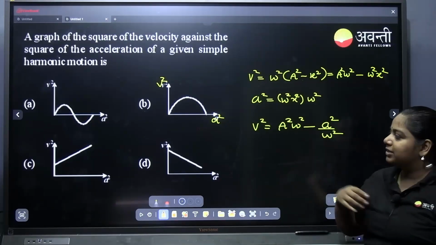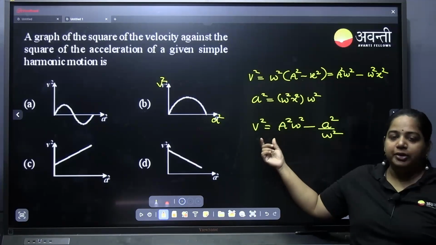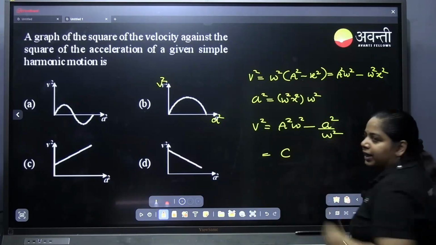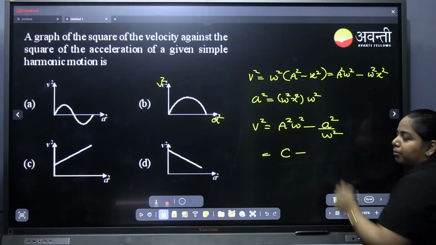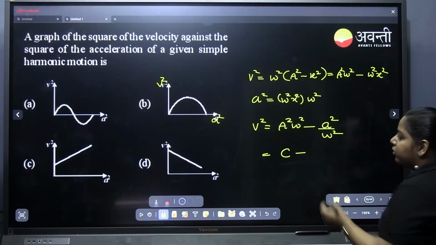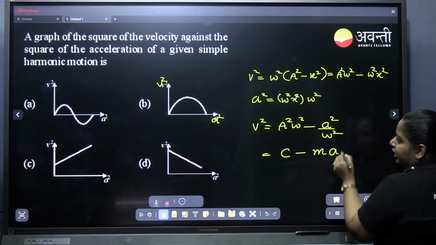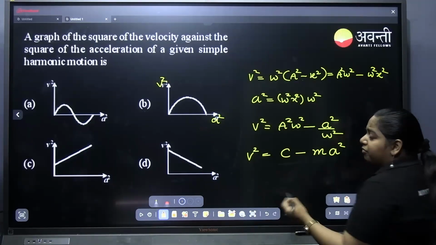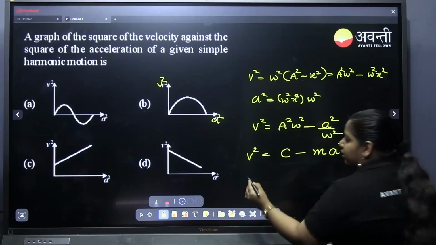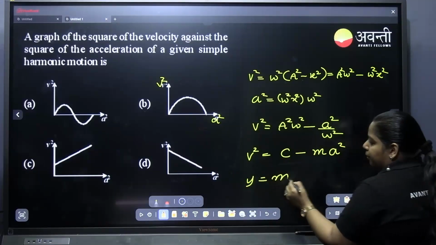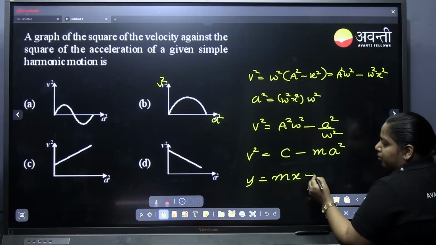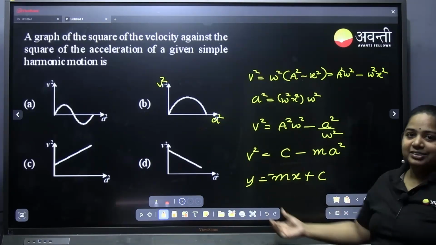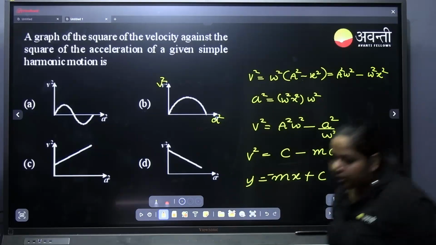As we already know, amplitude is constant, omega is constant, so A square omega square is a constant c, and minus 1 by omega square will be a constant value, so let's write it as m. This is similar to, if I substitute V square equal to y, y equal to minus m, A square equal to x, minus mx plus c. Okay, it is just an equation for a straight line.